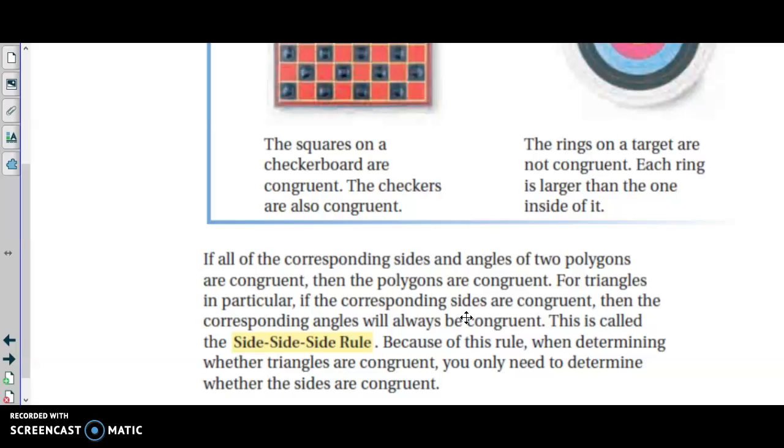If the polygons were rotated or reflected or transformed in any way, if you were to line them up so they looked like each other, the side lengths would be the same, they would be congruent. This is called the side rule. Because of this rule, when determining whether triangles are congruent, you only need to determine if the sides are congruent.